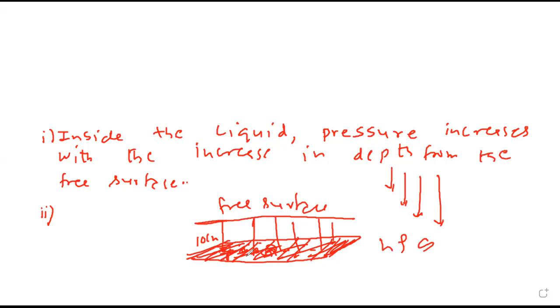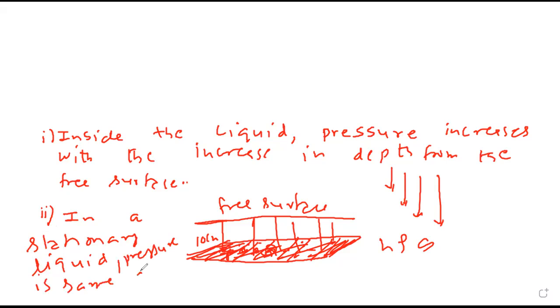So can I say in stationary liquid, pressure is same at all points in the horizontal plane. So, second point: when you take liquid in container, it is stationary. Sea water is not stationary. So in a stationary liquid, pressure is same at all points on a horizontal plane.